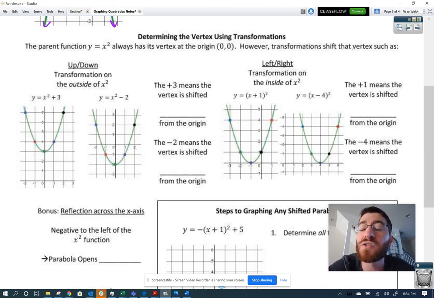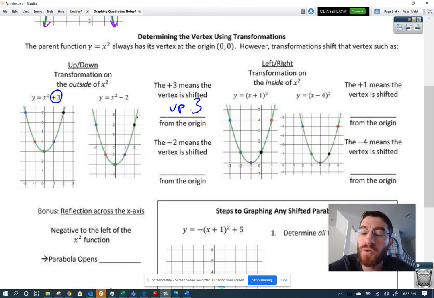However, transformations shift that vertex, such as up and down transformations. That's when we have a number on the outside of x squared. Outside really means to the right of. So when we have an up 3 transformation, that +3 means the vertex is shifted up 3.